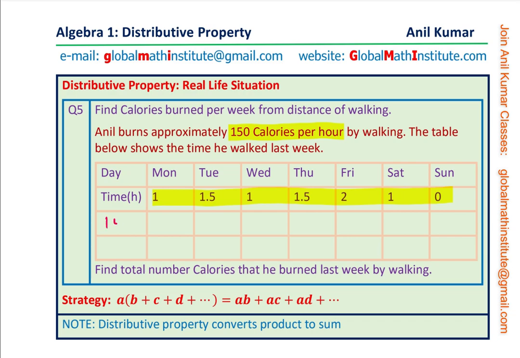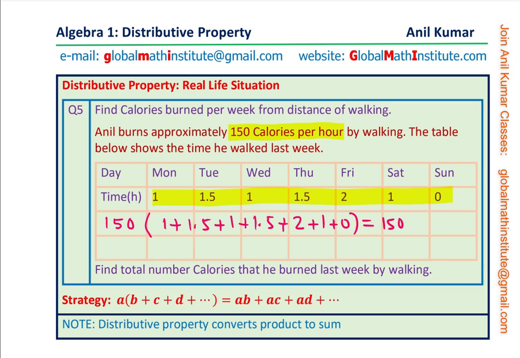We know we have 150 per hour. So add these hours: 1 plus 1.5 plus 1 plus 1.5 plus 2 plus 1, plus 0. Now you see, it is easier to add these smaller numbers. It becomes much simpler.